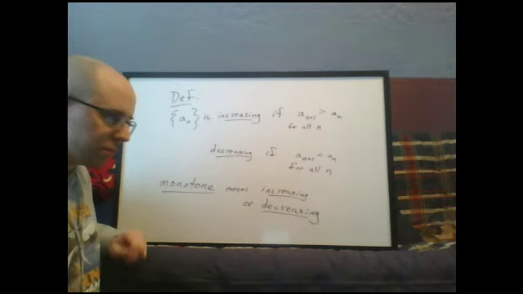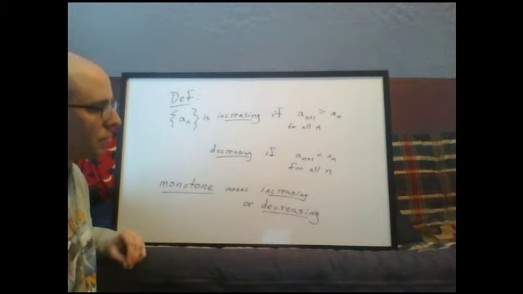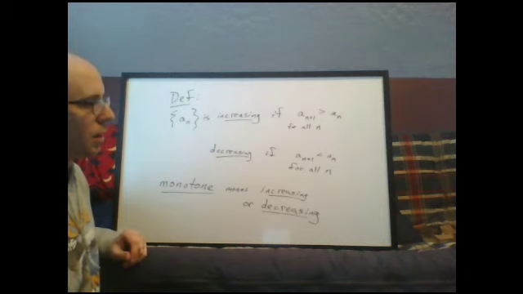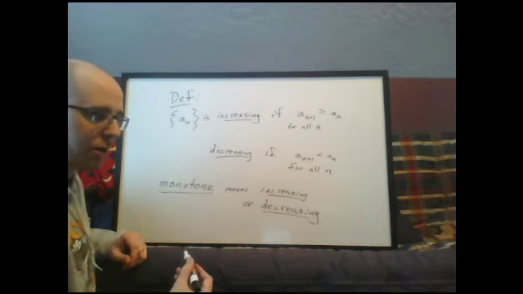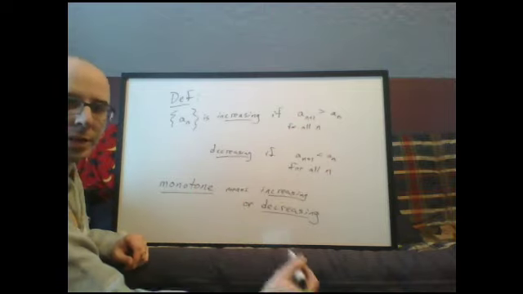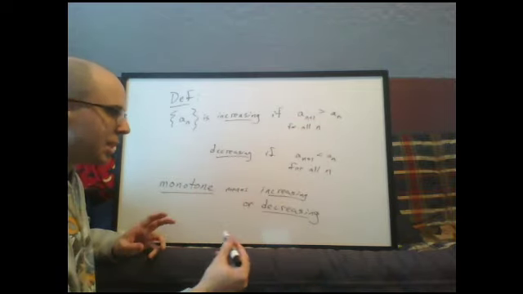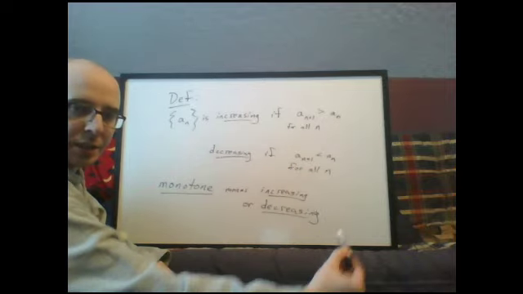Now, one small source of confusion is that a monotone sequence is either always increasing or always decreasing. It doesn't mean that it could increase for a while, then decrease, then increase again.